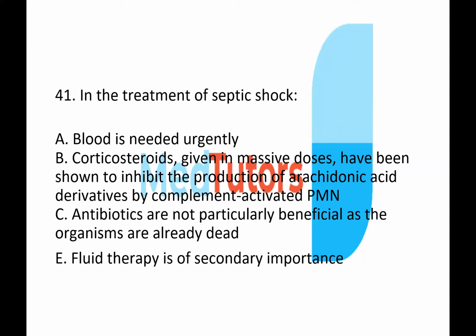In the treatment of septic shock, blood is needed urgently. Is it true? Blood is not needed urgently. Corticosteroid given in massive doses have been shown to inhibit the production of arachidonic acid derivative by complement activated polymorphonuclear cells. It's not true. We said it has not been proven.